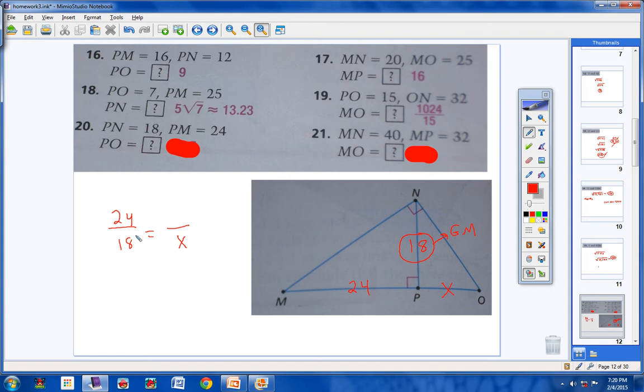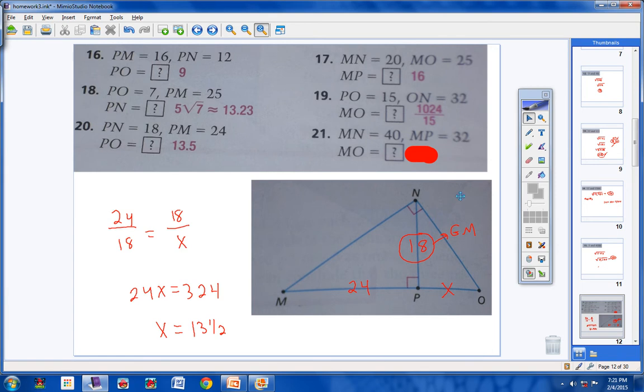So 18 here and 18 here. 24 times x is 24x. And of course 18 times 18 would be 324. Now we're going to divide both sides by 24 to get x by itself. And if you do that correctly, you're going to get 13.5. Or 27 over 2, whatever the back of the book has. Okay, 13.5, there we go.